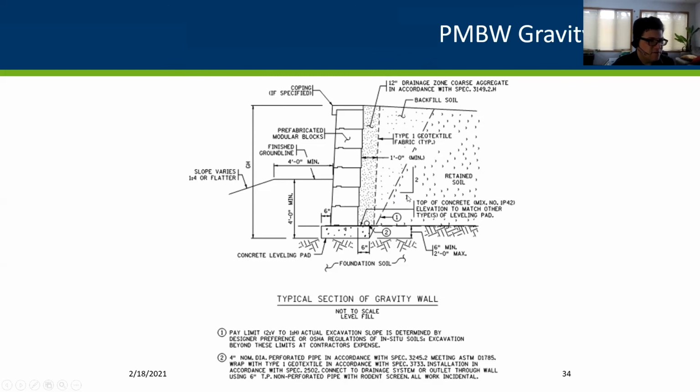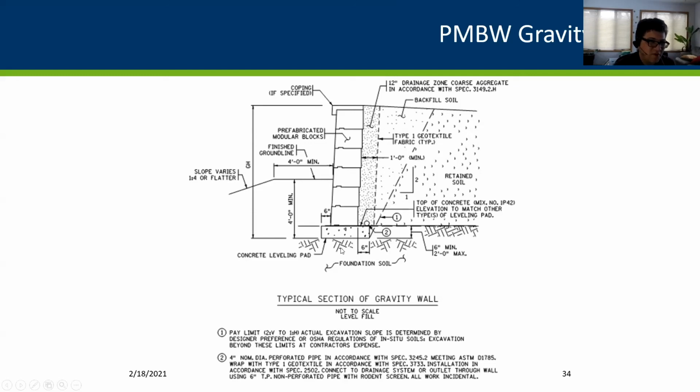That backfill material, depending on what the in-place soil is, may be placed at a 2-to-1. Typically, we're seeing closer to a 1-to-1 in the excavation of these. When we estimate prior to letting a project, we estimate using the 2-to-1 because we do that for all of our walls, but the excavation may actually be wider than 2-to-1.